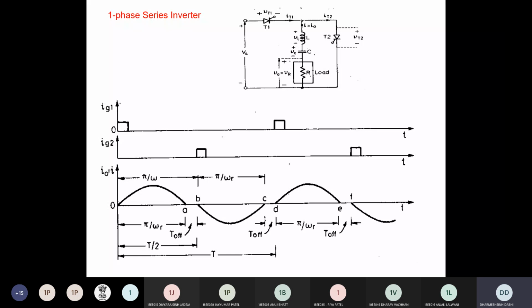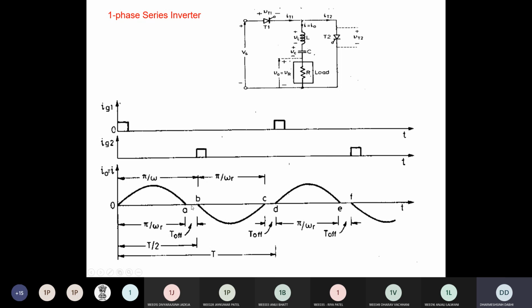Okay. Suppose you have a thyristor with a turn off time rating of 2 milliseconds. It means that after the current reaches the 0 value, it takes 2 milliseconds to completely turn off. Clear? And suppose the time between A and B is 3 milliseconds.